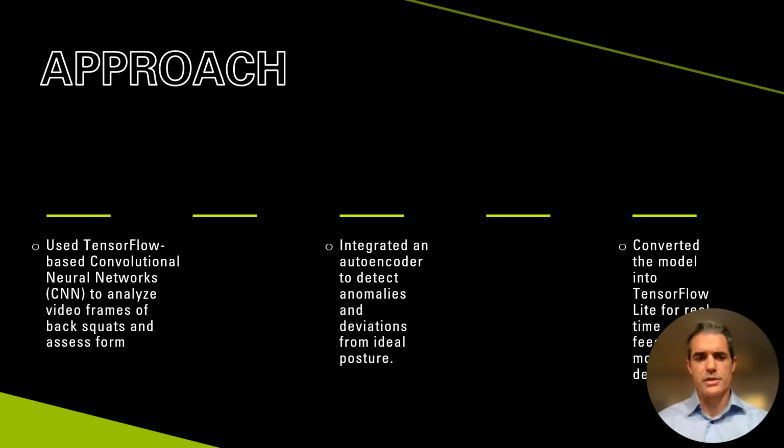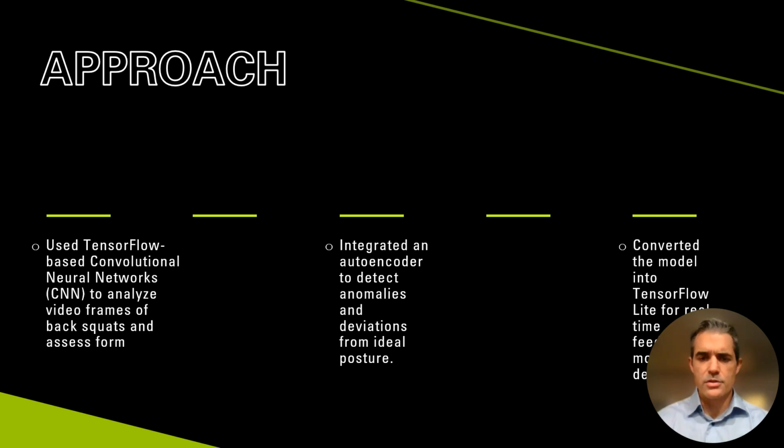For the approach, we used a TensorFlow-based neural network to analyze the video frames of the back squats to assess the form, and integrated an autoencoder to detect anomalies and deviations from our training data when we were testing it. Then we converted this model to TensorFlow Lite and put it onto a Motorola Android phone, and built the Android app around that to run TensorFlow Lite and take these short videos.